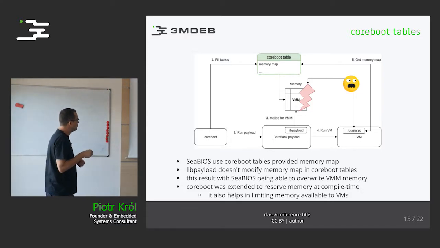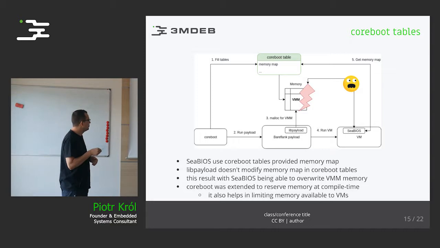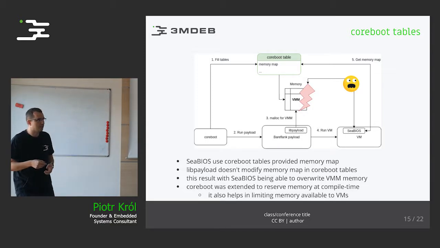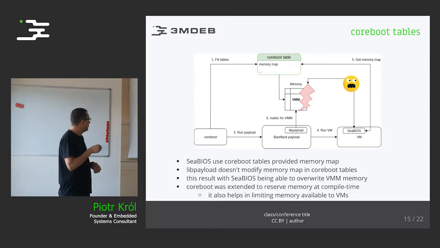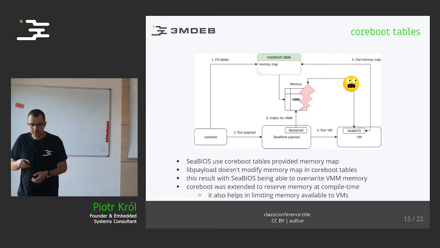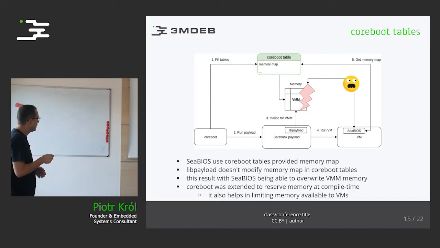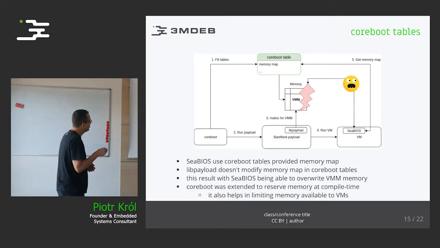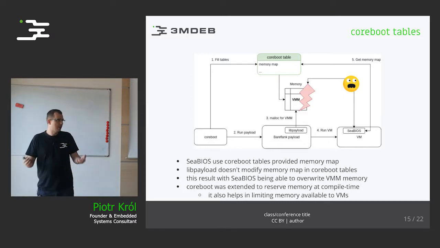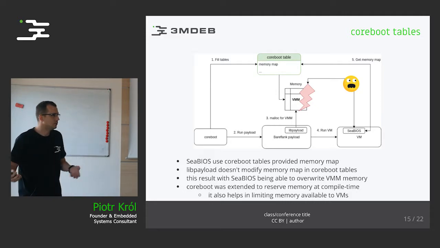For example, in this situation, libpayload has to allocate memory for the virtual machine monitor that I showed you on the previous slide. So it allocates this memory and then runs the VM. In the VM we have SeaBIOS, which would like to use the coreboot tables to see what memory it can use and where it can write.